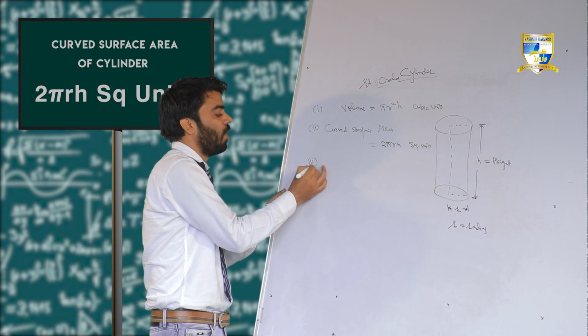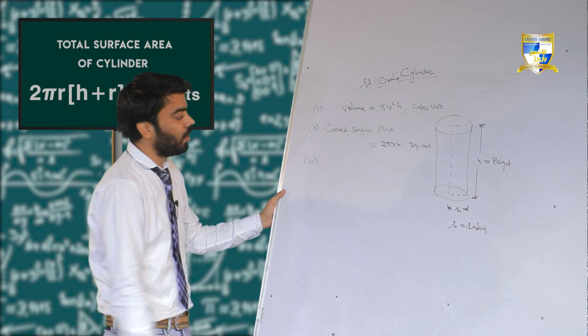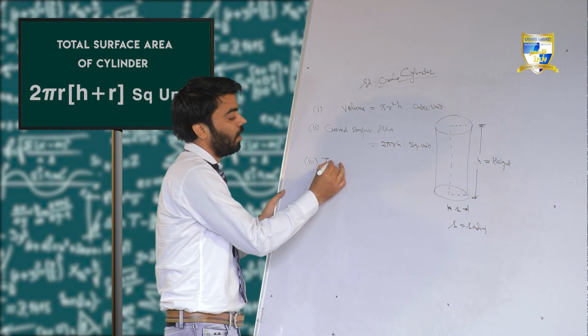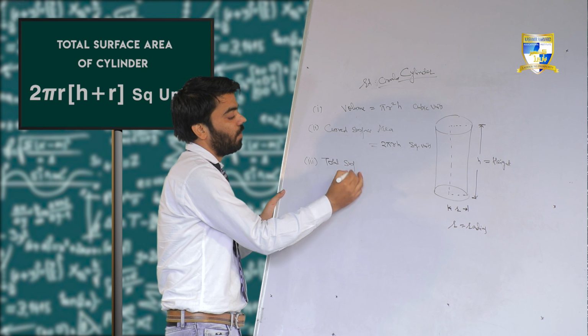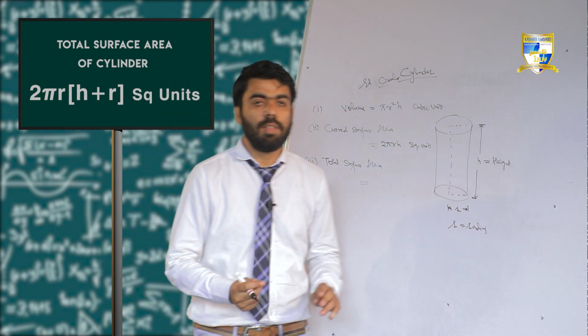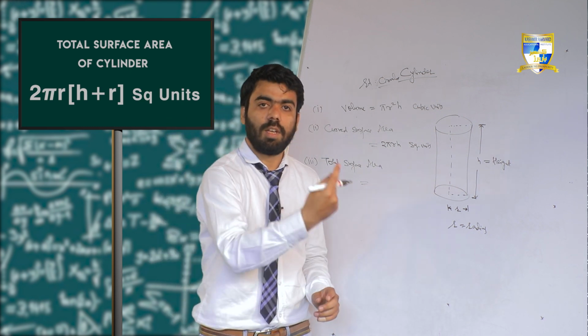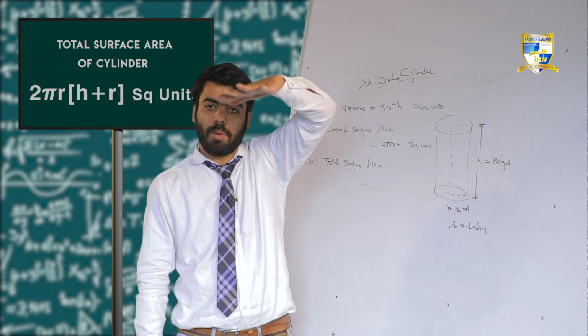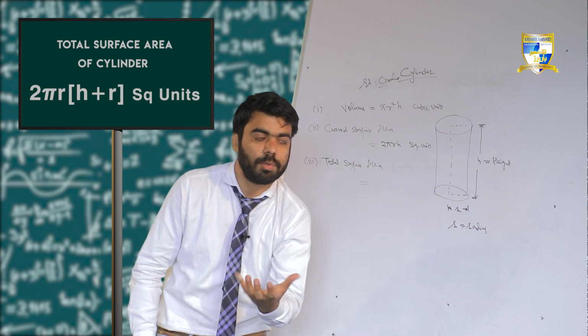Then we have the third formula, the total surface area. Total surface area means the curved surface area plus the surface area of the top circle and the surface area of the bottom circle.